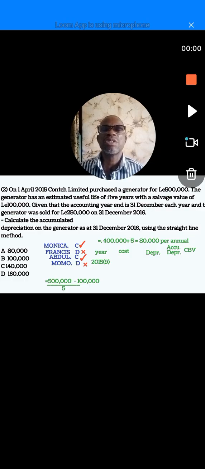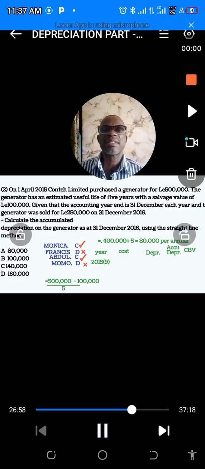Since we have the annual depreciation for 1 year, which is 80 per annum, the depreciation for 9 months is going to be 9 over 12 times 80, and that will give us 60. So the depreciation for the first year is 60. That is how we got 60.